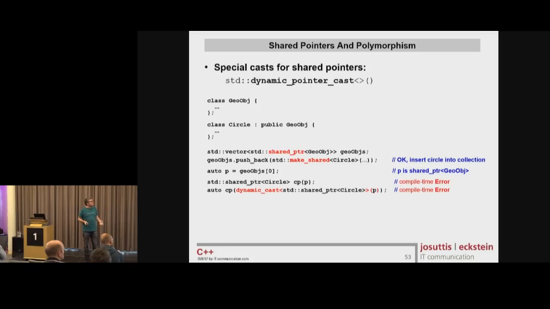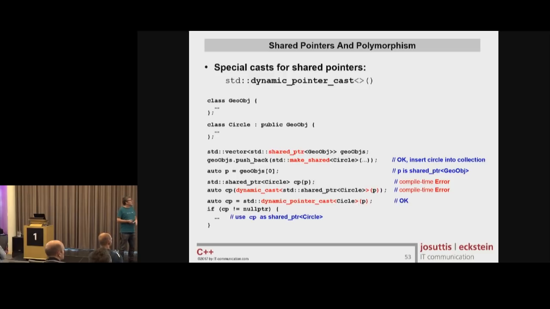And you can't directly use it as a shared pointer of circle, as is always the case with pointers, but you can also not dynamic cast, so downcast it, with the keyword dynamic_cast to the type of circle, again, to implement some special behavior. We had to introduce a new dynamic pointer cast, a new operator, and with that, things work.